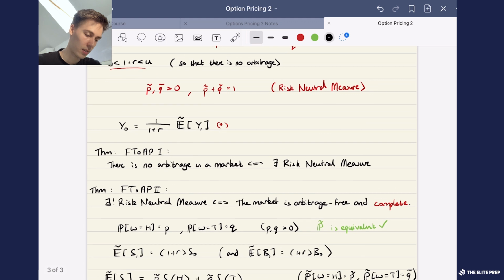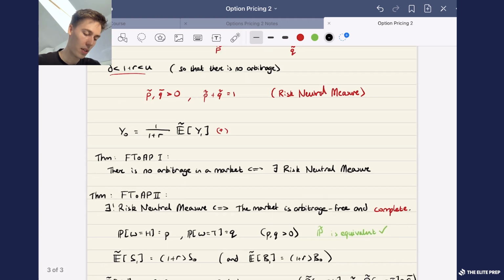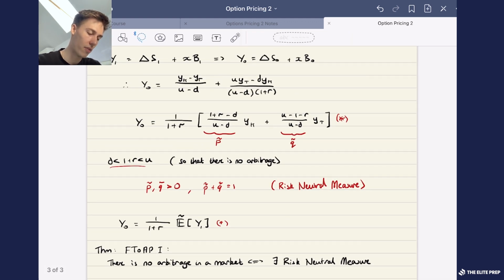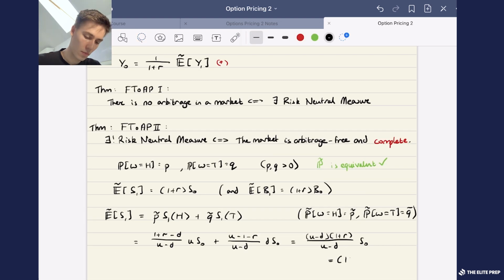This can be calculated by substituting in the values above. So we have shown that S1 under the risk-neutral measure increases on average just like the risk-free interest rate.